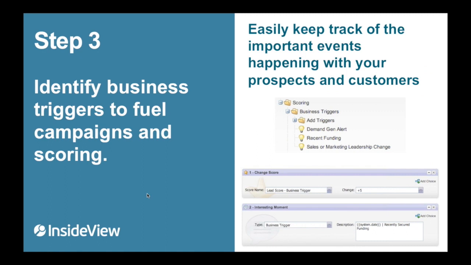One thing you could do is use systems like InsideView, which is obviously really great. It's probably the best solution on the market right now to take a lot of the business triggers, deliver them to you, and work automatically within your CRM or marketing automation system. But there are other solutions out there as well.